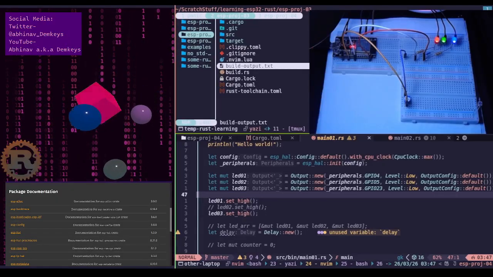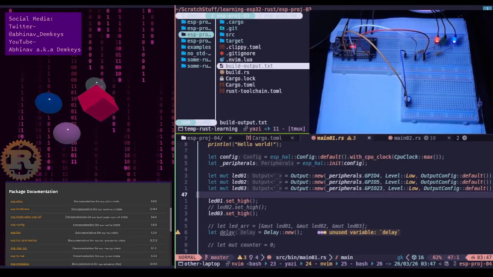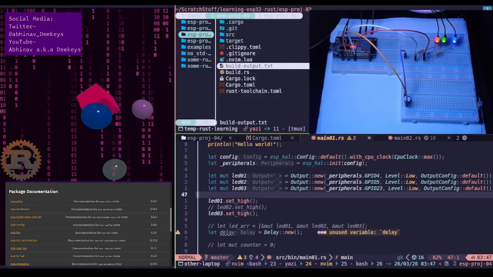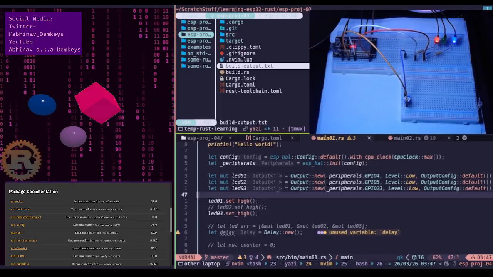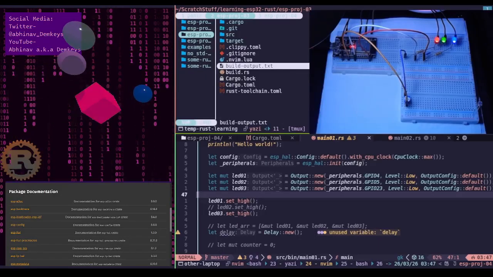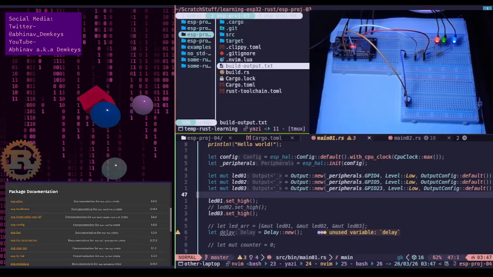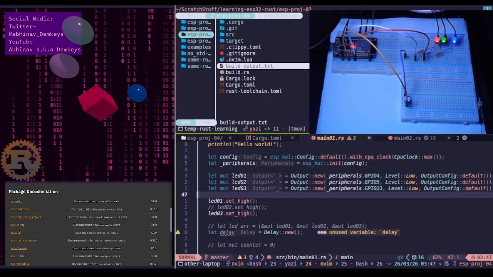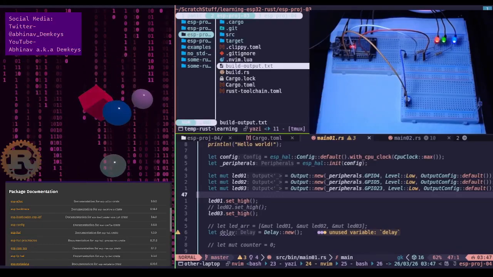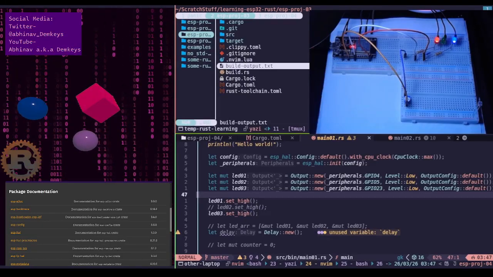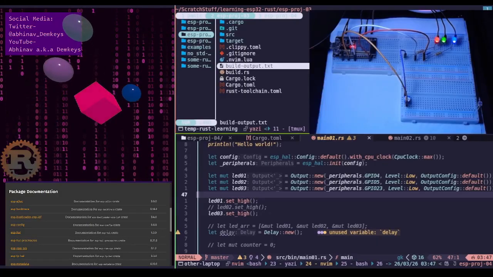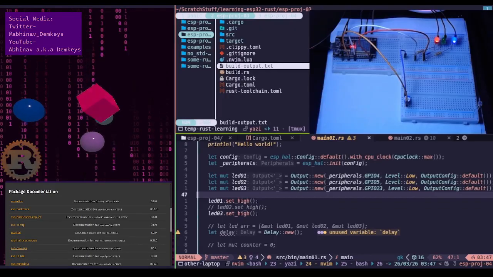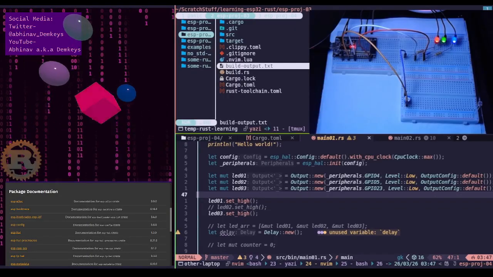Today we are gonna be doing more ESP32 things and more Rust things. And I've been doing more research on how various concepts within digital electronics work.